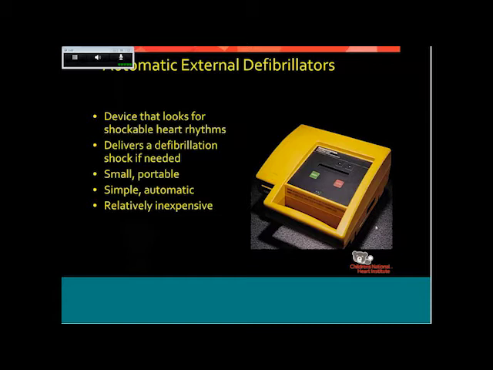There's a great study that came out in one of the journal articles showing how they taught fifth graders how to use them. In 5 minutes the fifth graders could teach others and use them, placing the pads in the right places, shocking when you're supposed to and not shocking when you're not supposed to. They've also come down in price, no longer need a prescription, and are often covered by insurance.